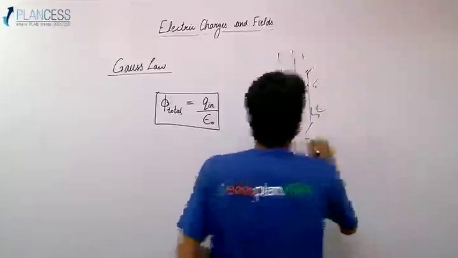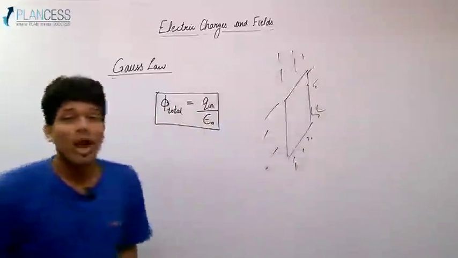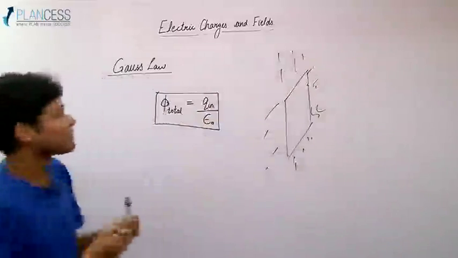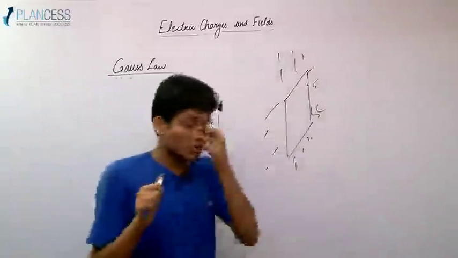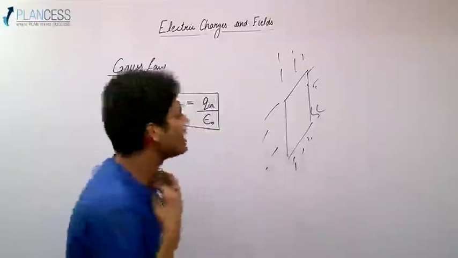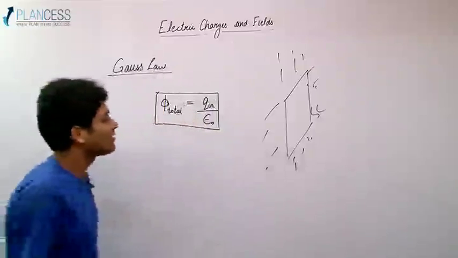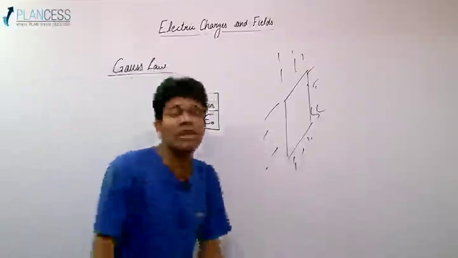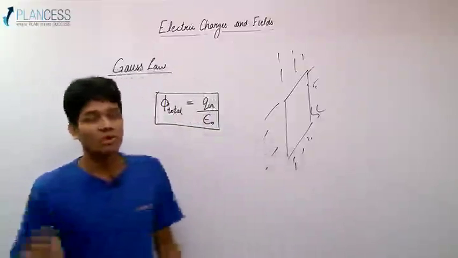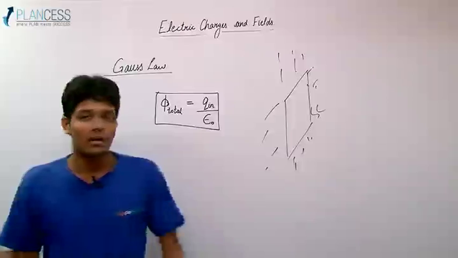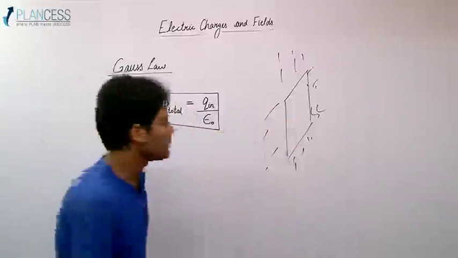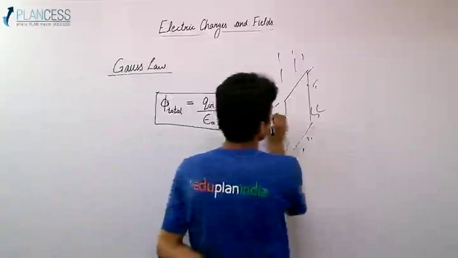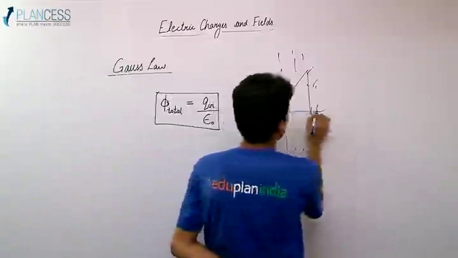How do we consider a Gaussian surface so that this law provides us the electric field at any point? The choice of Gaussian surface is really difficult and is, I think, question specific. So every time you face a new question, you have to think for yourself and get a new Gaussian surface. For example, for an infinitely long sheet, the Gaussian surface is a cylinder.